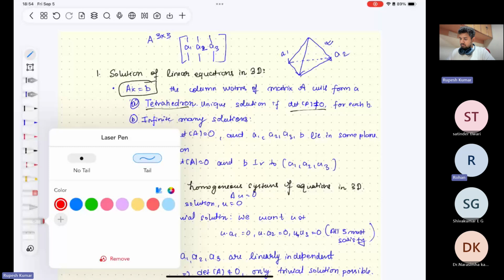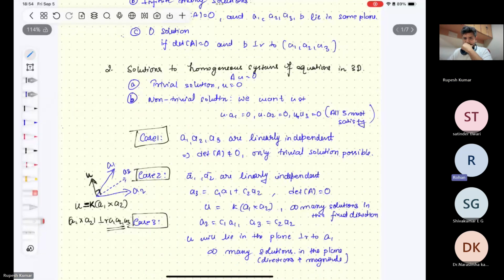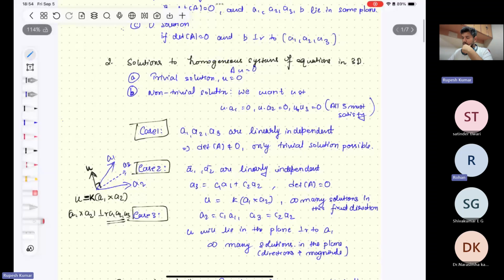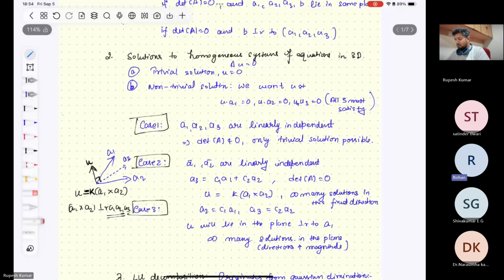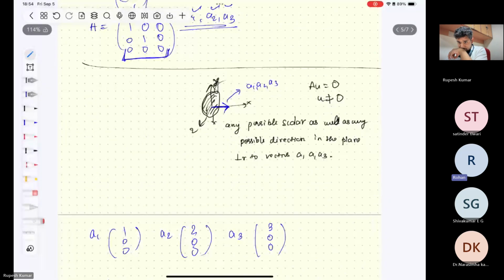Great. Sir, one doubt. Suppose there are two vectors. In the last example that you gave, if B is orthogonal to the plane generated by those two, then it will have zero solutions. So B need not be orthogonal, right? If B is only outside that plane, then also it's fine. Yeah, that also works.